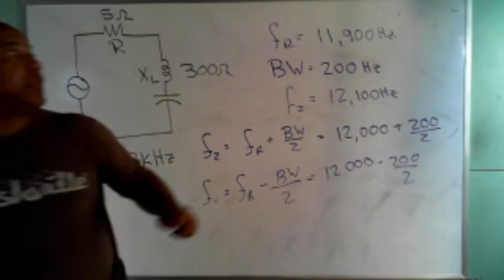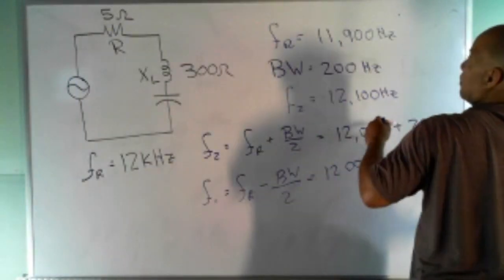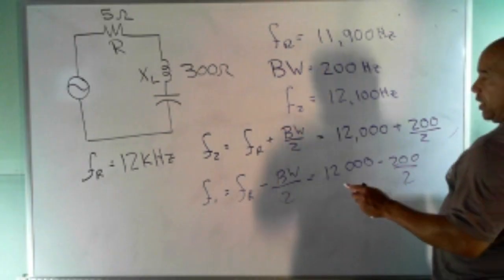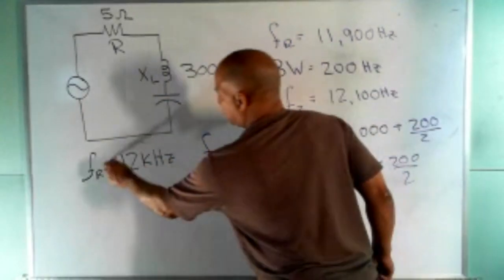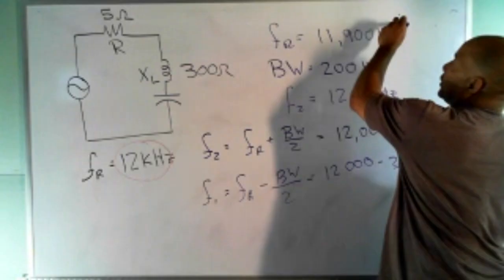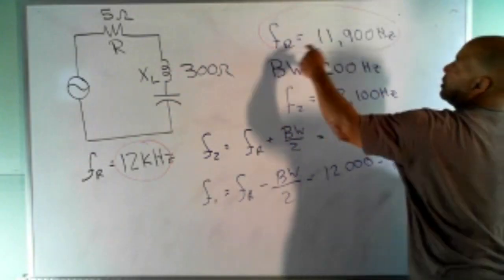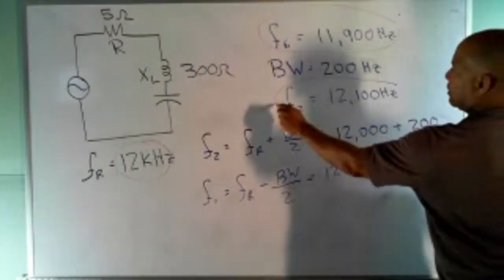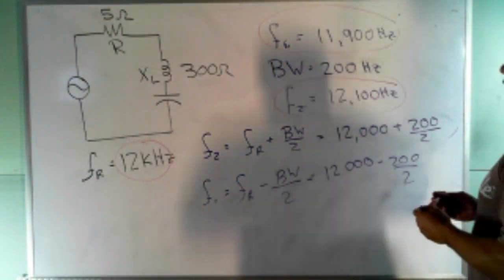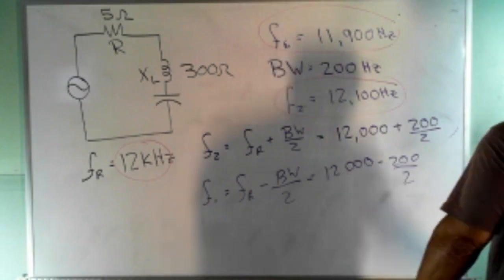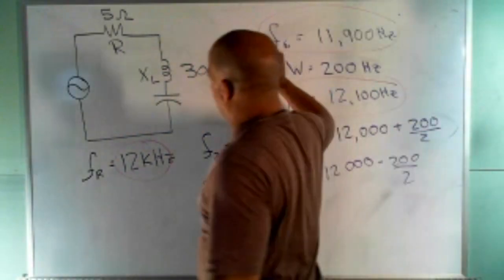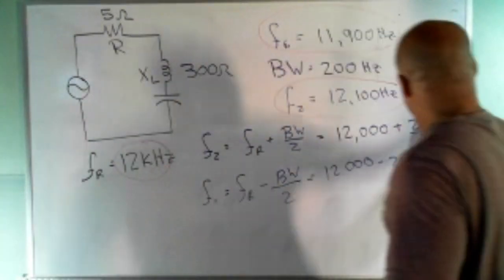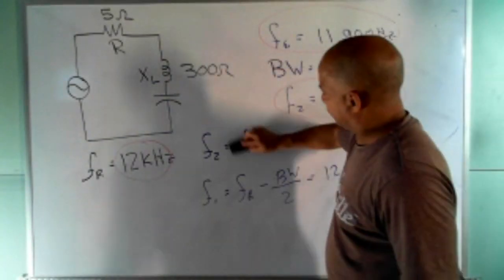So now what they want us to do is take those three values and make the graph from it. That's this last part. So they want us to take the resonance, that's F1, and this. And they want us to make the graph. So let's make the graph. But now you know all the important points on the graph, I guess.